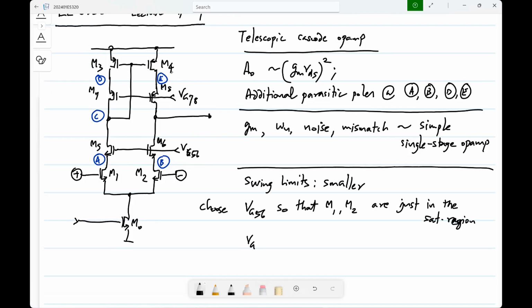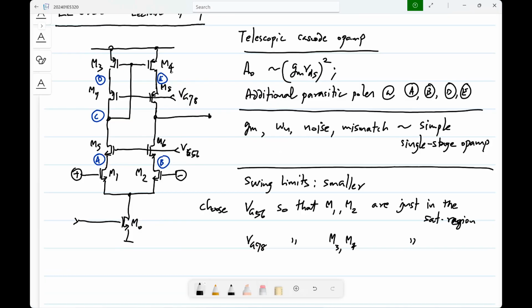Same thing for that. Choose the highest possible VG78, lowest possible VG56, and that is also dependent on your common mode and so on. But the bottom line is the output swing limits of this op-amp are necessarily reduced.